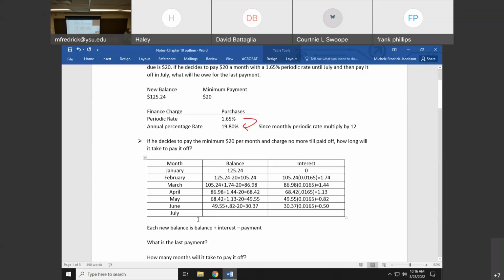You're getting for June $30.37 for the balance, and then 50 cents for interest.